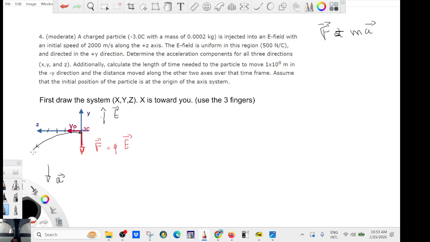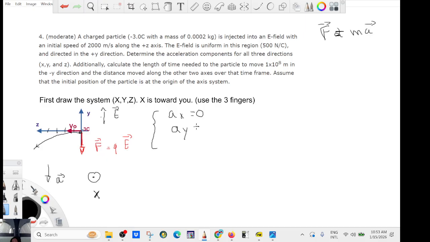Okay, review projectile motion. Two things happening at the same time. It's accelerating only along the y-axis, and it's moving at a constant speed along the z-axis. So along the x, I forgot, the x is towards you. So the x component equals 0.